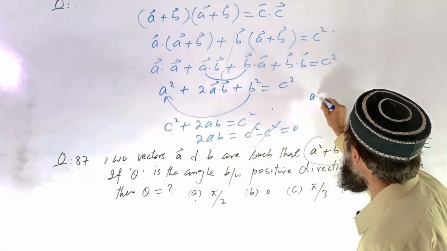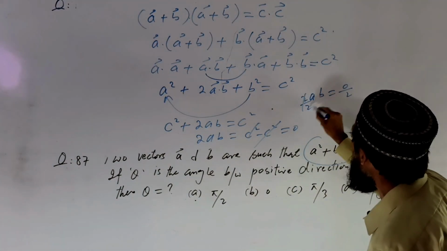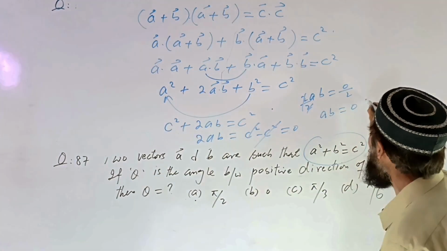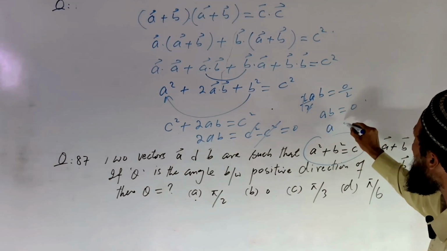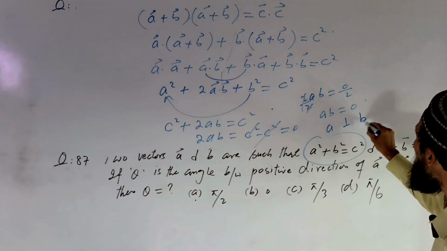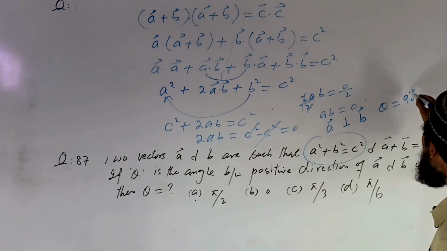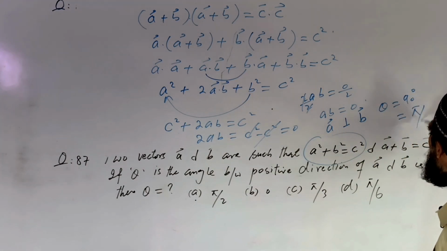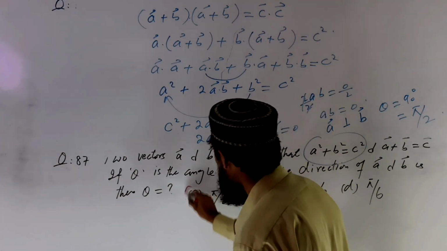Dividing both sides by 2, AB is equal to 0. Now A dot B equal to 0 means that A is perpendicular to B, so theta will be 90 degrees, which in radians is pi by 2. The correct answer is pi by 2.